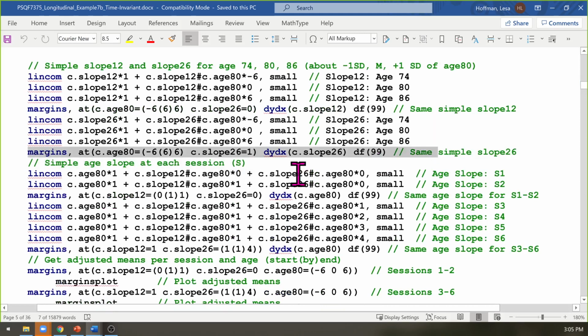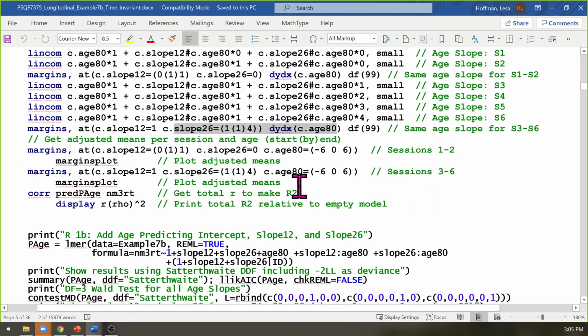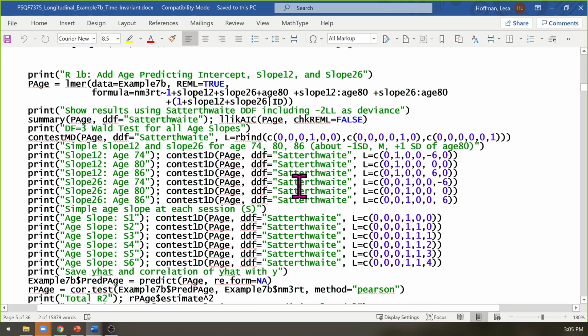You can do that in one margins statement, and you can do the same thing for the effect of age across sessions 1 to 2 or sessions 2 to 6. And R, folks, you get a line of digits like that. Contest 1D.